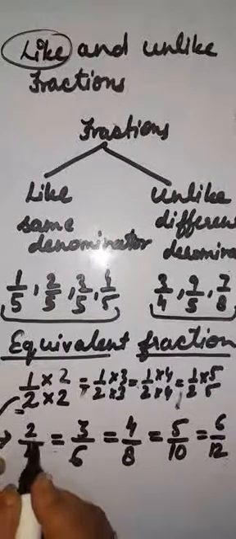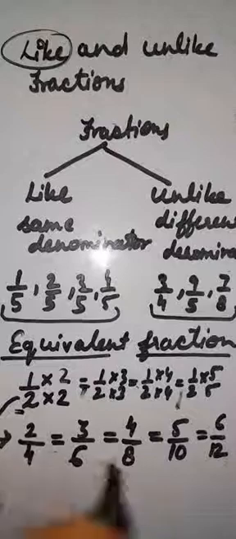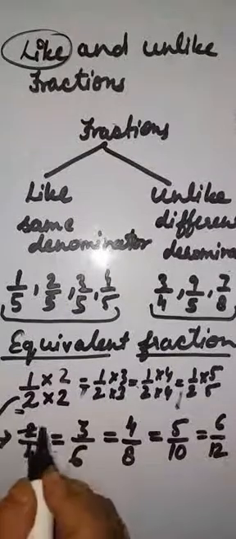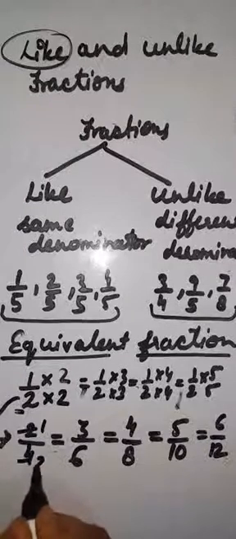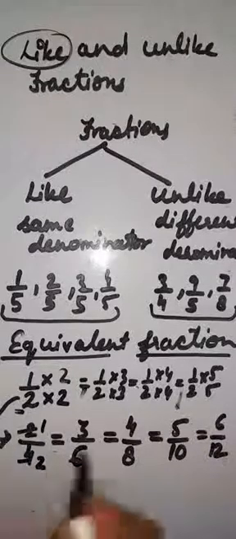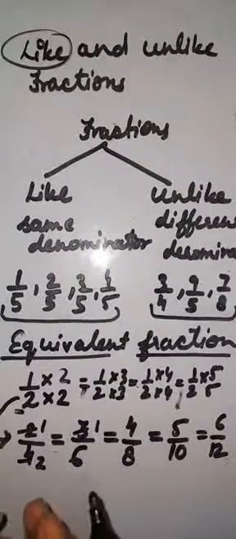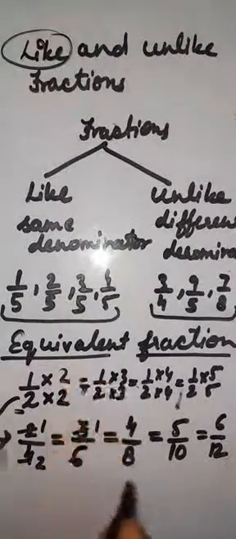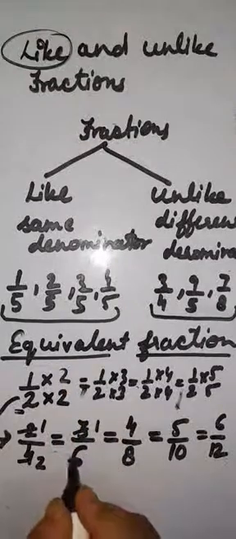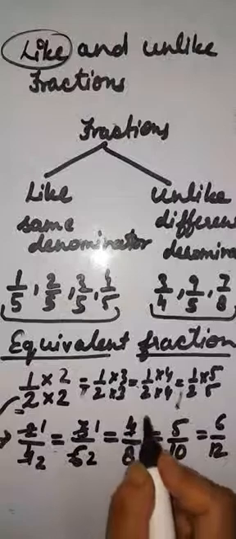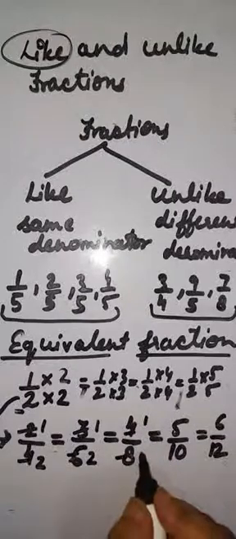Now children, check 2 out of 4, it comes from the table of 2. Yes. 2 ones are 2, 2 twos are 4. Here also, 3 ones are 3. I am explaining to you how it is an equivalent fraction. Just reduce it. 3 ones are 3, 3 twos are 6. Now 4 ones are 4, 4 twos are 8.